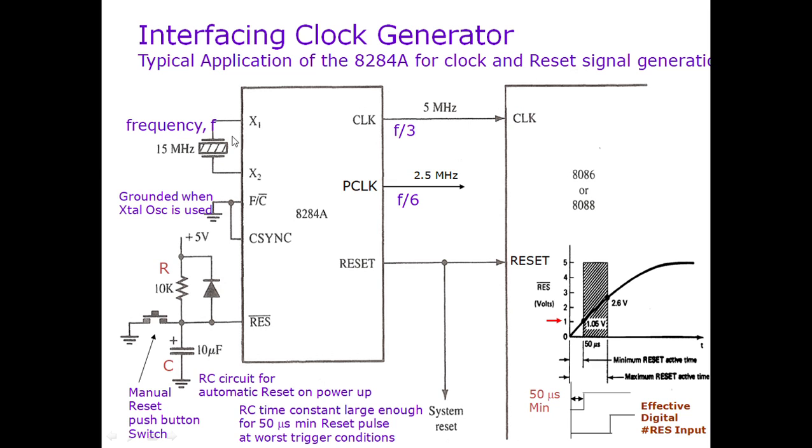This signal is then internally divided by a counter by 3, which generates a clock signal of 5 megahertz, because the crystal oscillator generates 15 megahertz, and divided by 3 we get 5 megahertz. This is then given as an input to either of the two microprocessors.